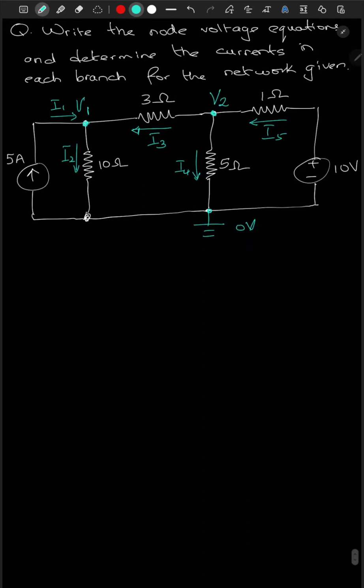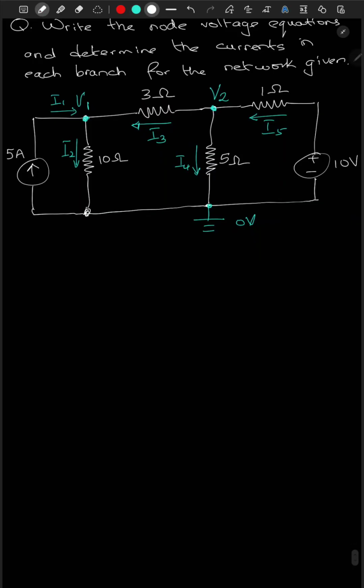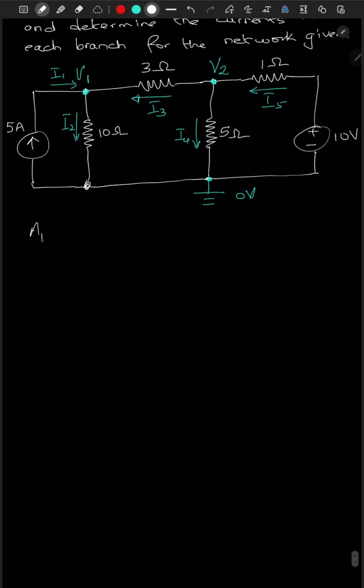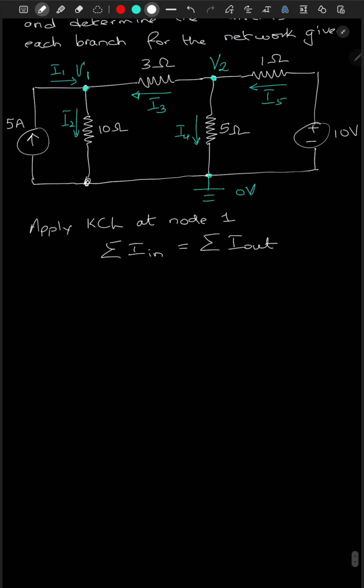So after we assign everything over here, now we have to apply the KCL at node 1. So KCL states that the sum of current in must be equal to the sum of current out. So the current entering at node 1 is I1 plus I3.